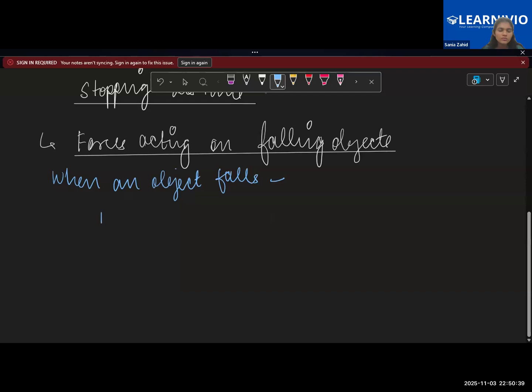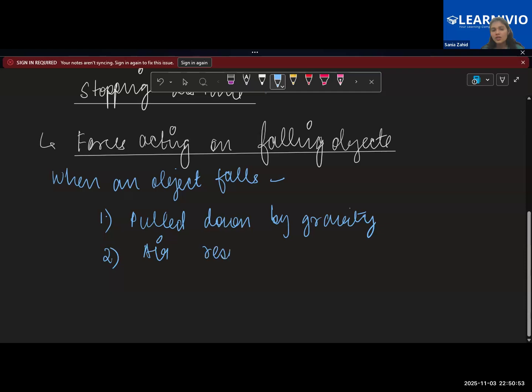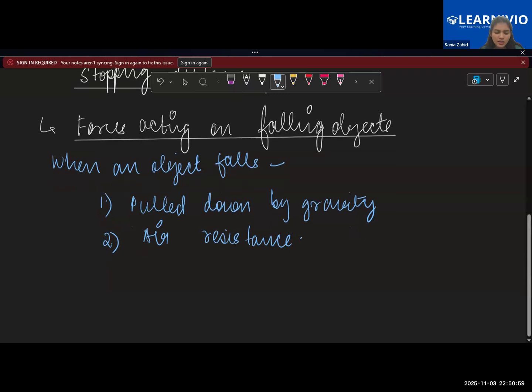It is first of all pulled down by gravity, and then also there is air resistance. So there are two forces. First of all, the force of gravity, and second is the air resistance, right?